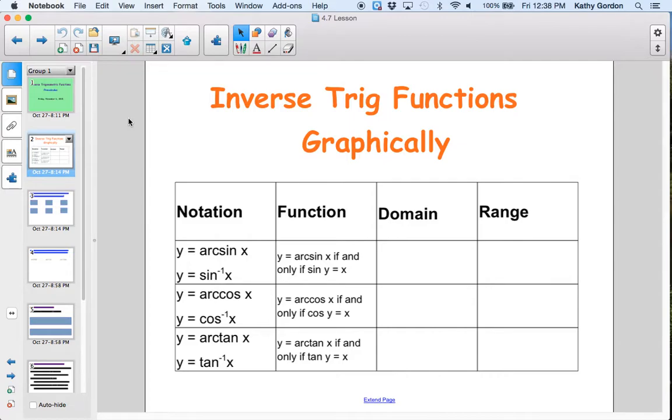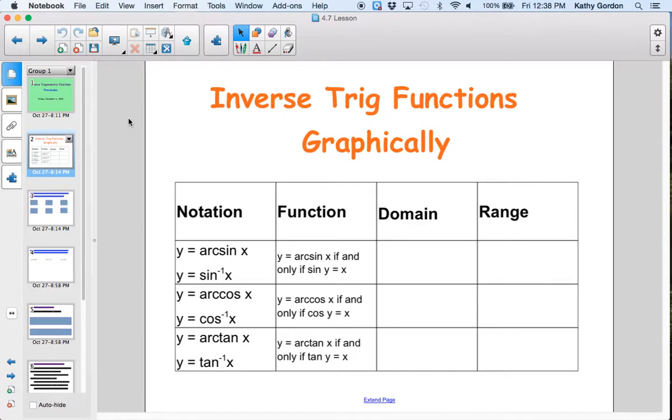So the way I was writing it on our examples there was using this little -1 that looks like an exponent, but it's not. Because if it was a -1 exponent, we'd be talking about 1 over sine or 1 over cosine, and that is not what inverse is. So the little -1 is our symbol for inverse.